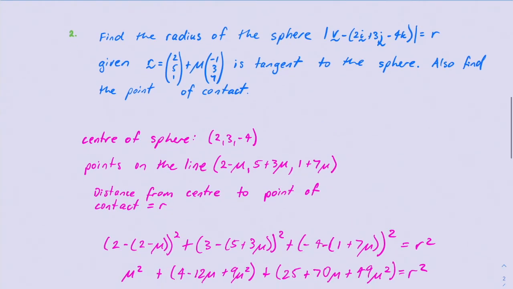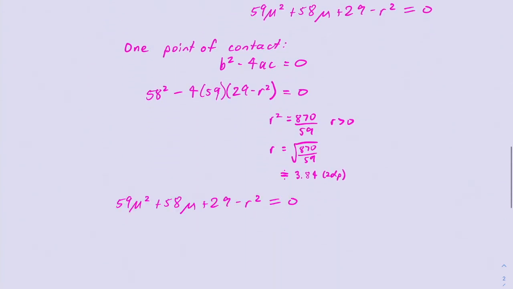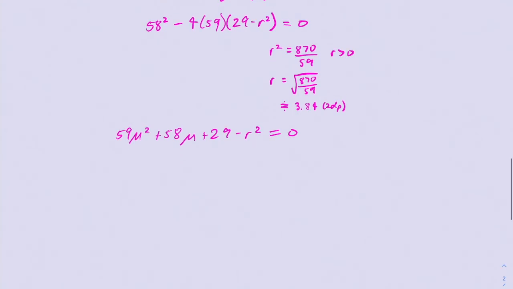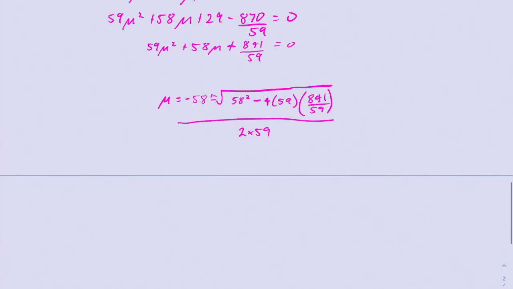The next thing we had to do is also find the point of contact. So we need to plug that back in to find out what the mu is. Now the discriminant is going to be 0. I've just plugged in the r squared there and simplified it. I did write all this down, but we know that's 0 already.